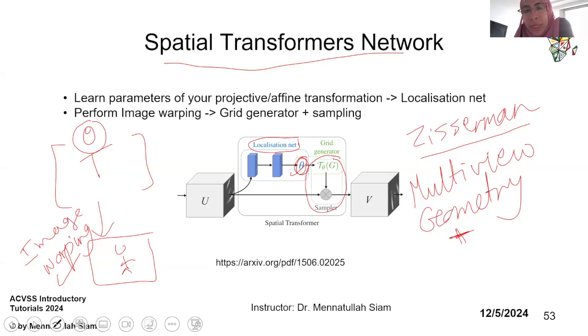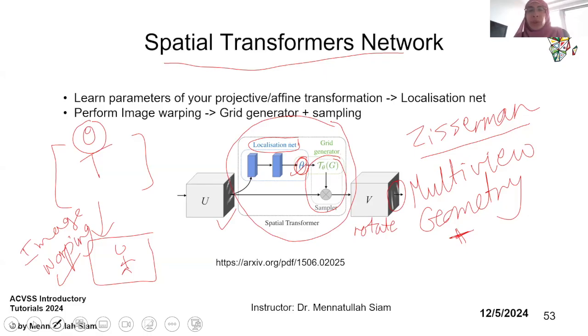Let's say here you see it went from this upright 3 and it's rotated to this one. So this grid generator and sampler is a differentiable way of doing the image warping. So this here is the spatial transformers.